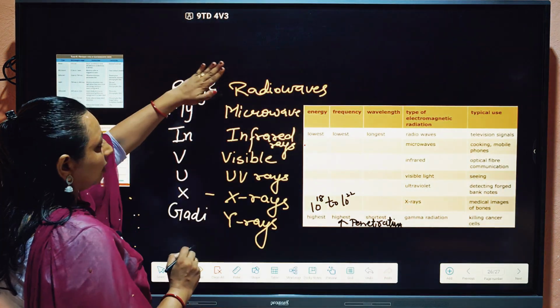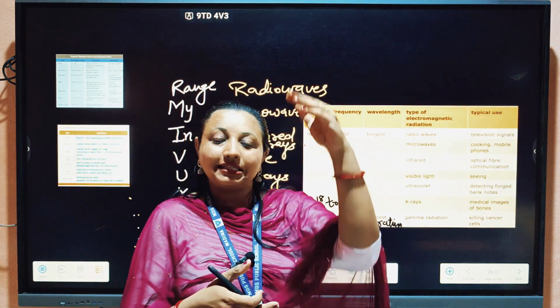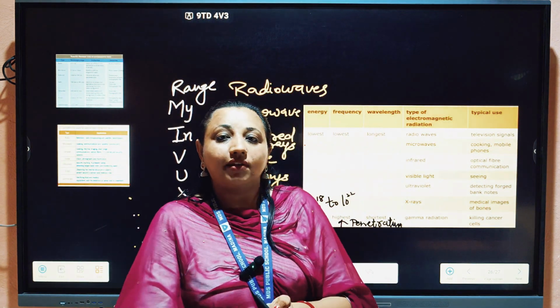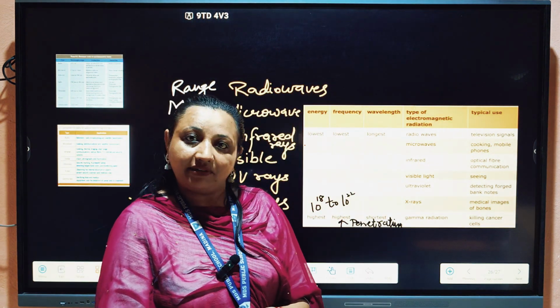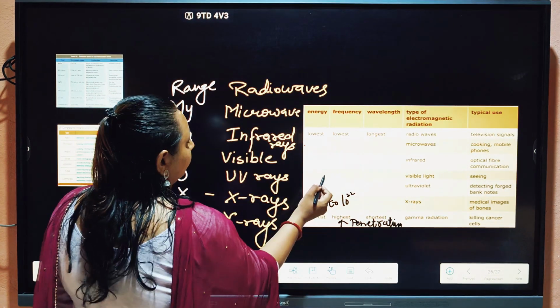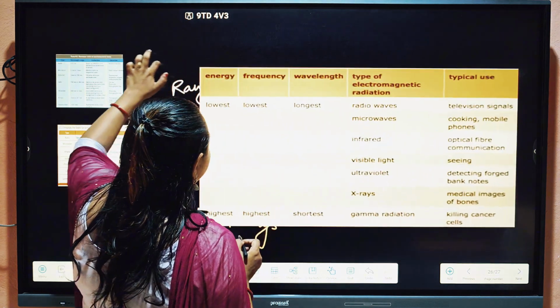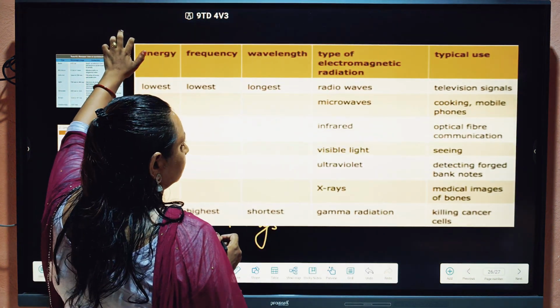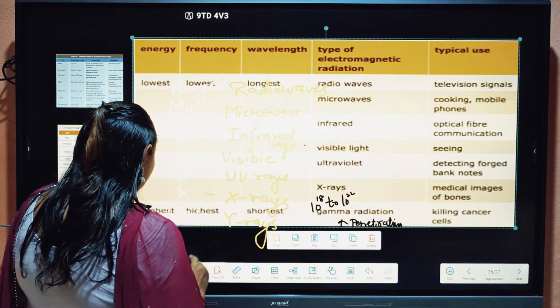So this is an orderly distribution. It is an arrangement of the electromagnetic waves according to their frequency and wavelength. How according to their frequency and wavelength? See here.